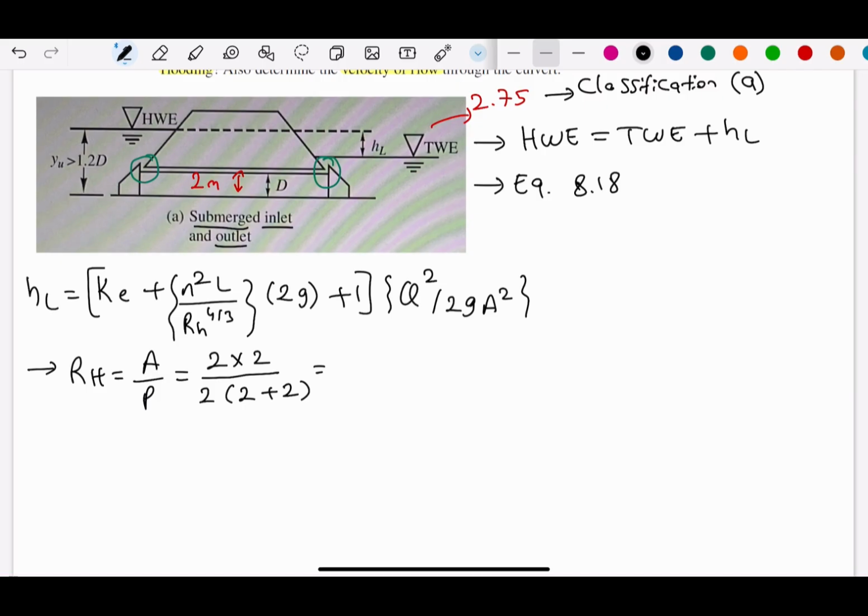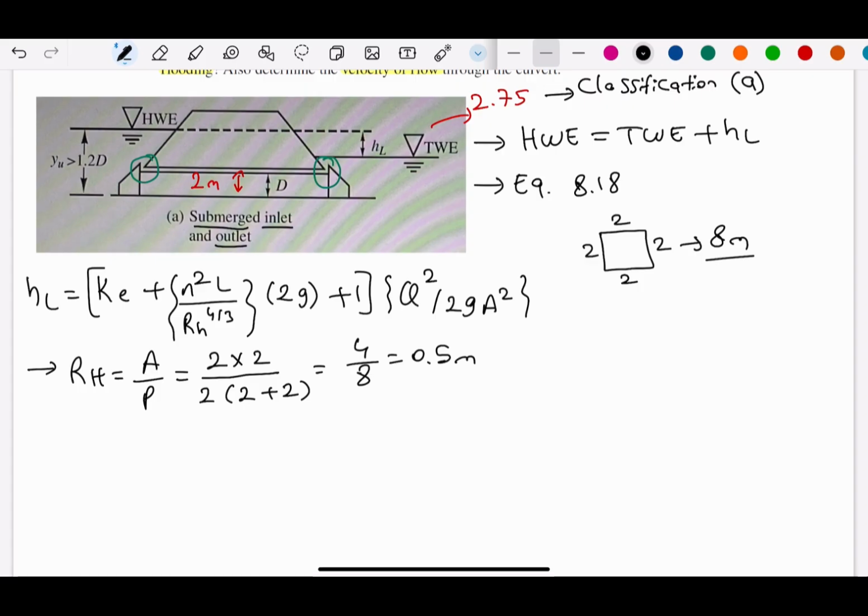So it will be 4 over 8, or 0.5 meters. So the wetted perimeter is 8 meters.